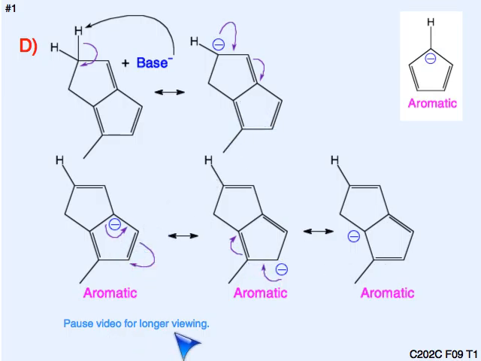Pause the video if you'd like to view it longer. 1 of which is not aromatic, 3 of which are aromatic. So not just resonance, but aromaticity is important in stabilizing the conjugate base, and as a result, D has a fairly significant acidity on this proton that you see right over here.